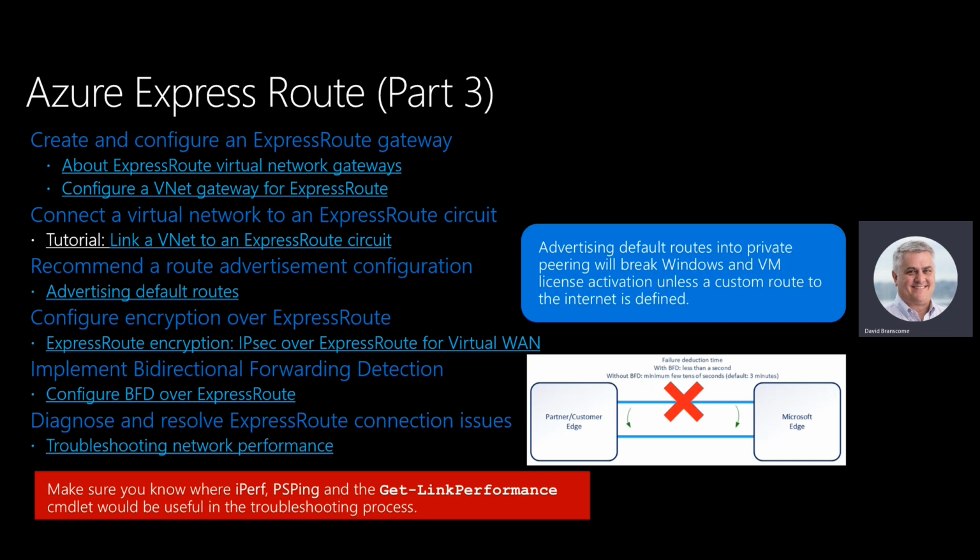So as an example, it contains performance testing tools like iPerf and PSPing, which can provide you with information about things like your network latency and performance. So make sure you know where tools like iPerf, PSPing, and the Get-LinkPerformance cmdlet would be useful in your troubleshooting process.